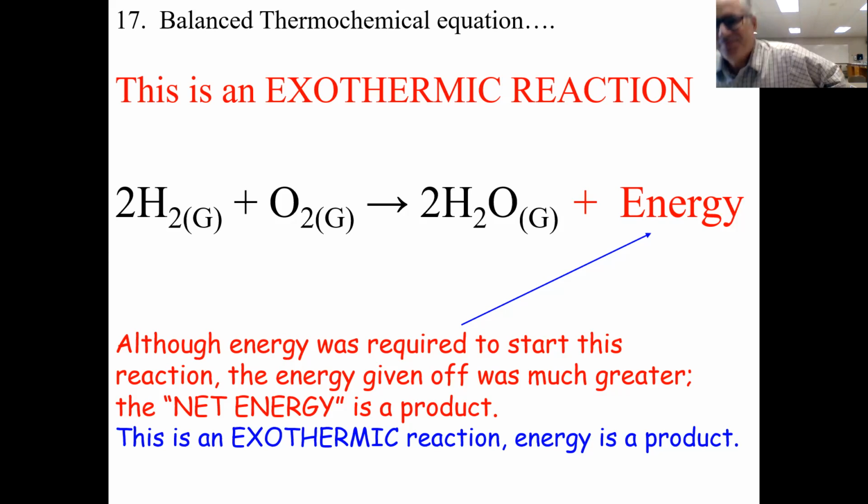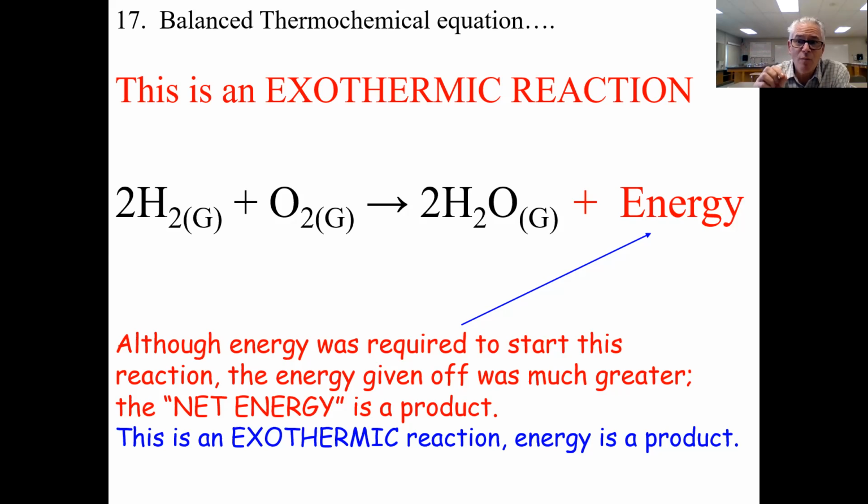I'm back. Okay. That reaction was very exothermic. We started out with a whole lot of molecules of hydrogen, and it takes two of them to react with every molecule of oxygen in the air. We didn't use all the oxygen in the air. I wouldn't be able to breathe.